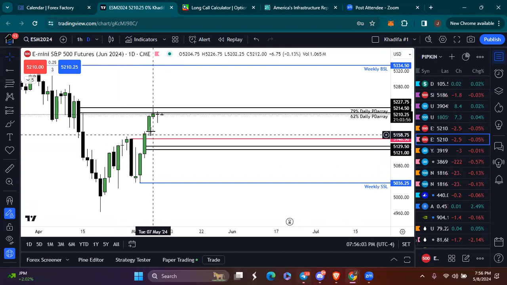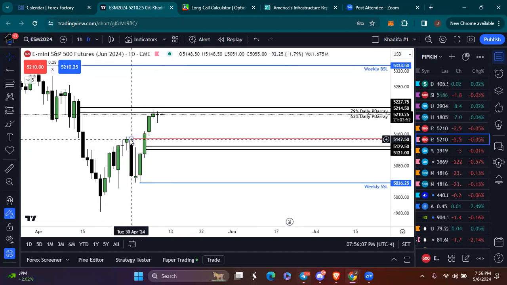I'm sorry, not breaker block, order block, guys. Forgive me. Order block right here. This bearish candle's high, or open, since it doesn't really have a wick on it. This candle's open.